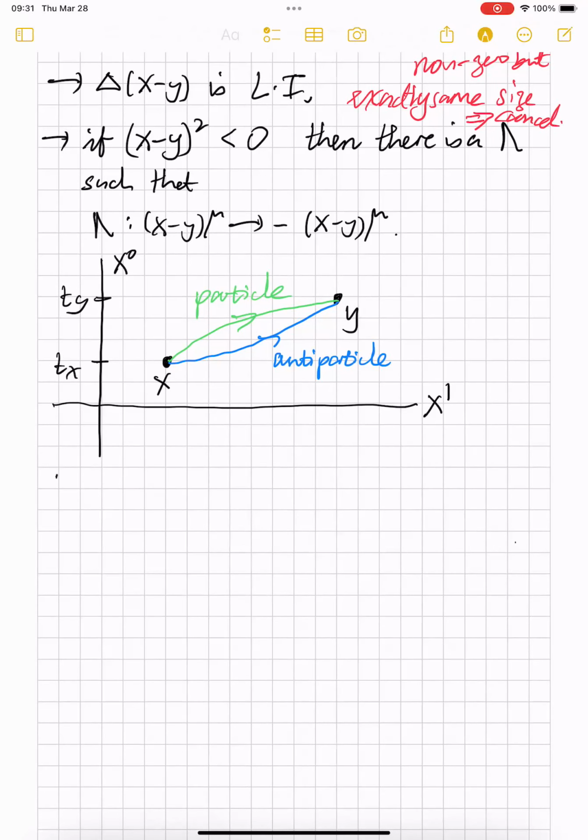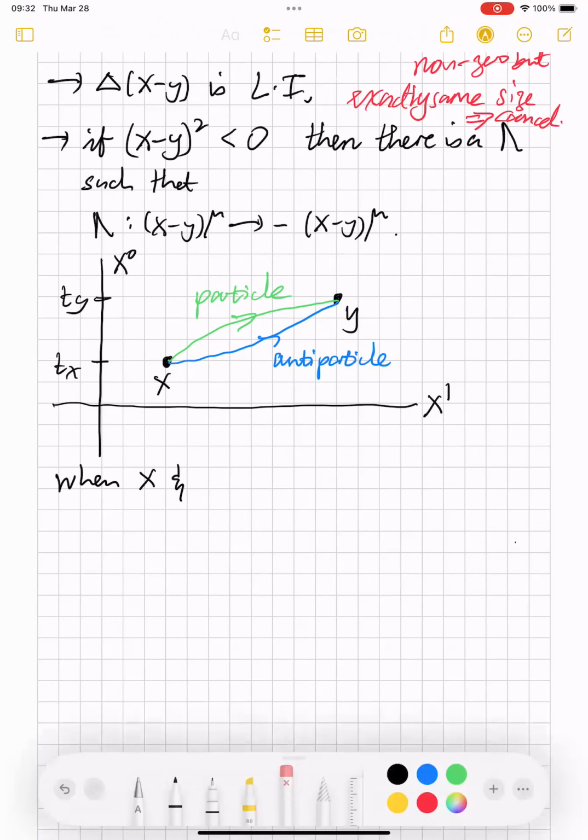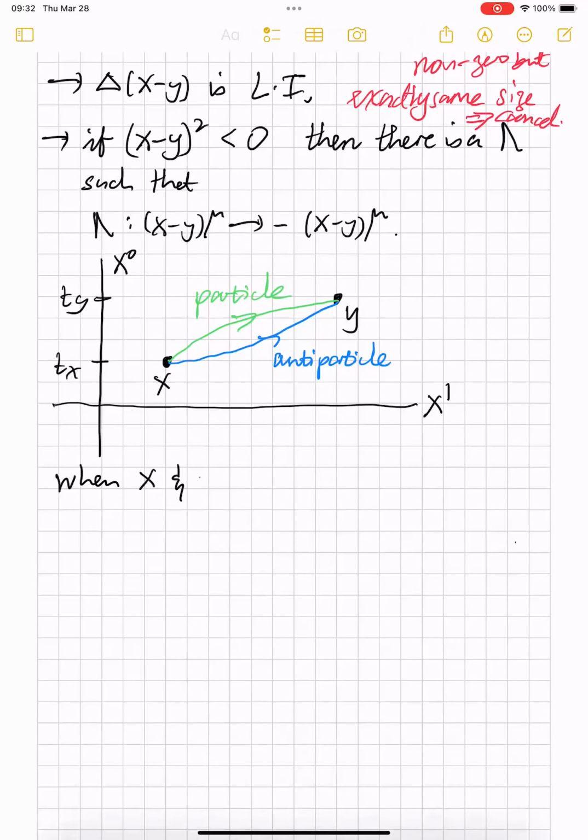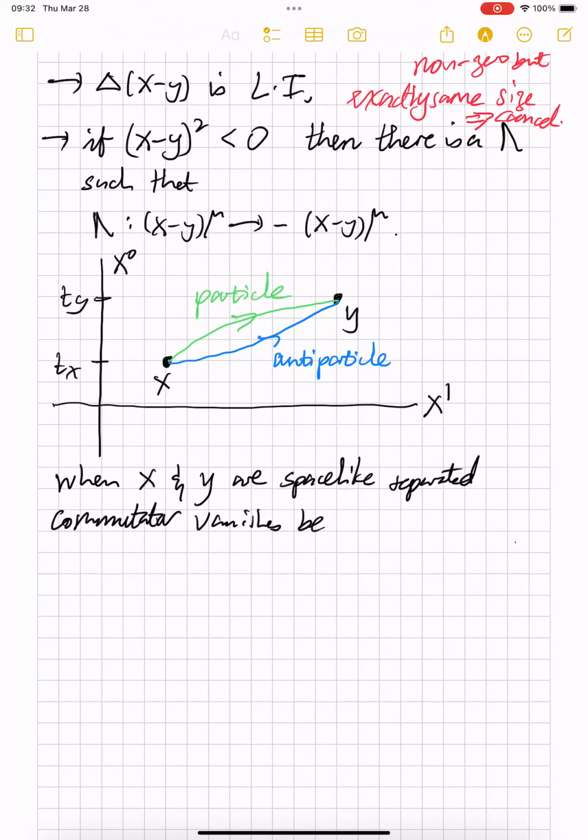So when x and y are space-like separated, then the commutator vanishes because there's a particle and antiparticle contribution.